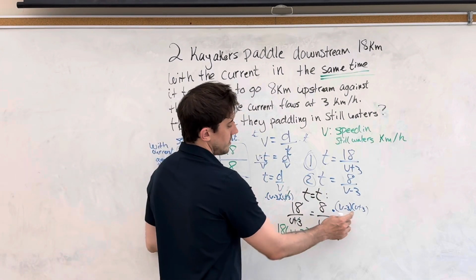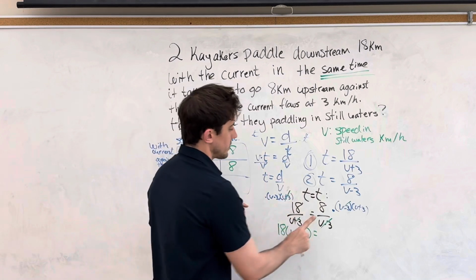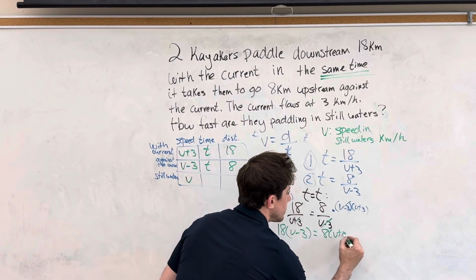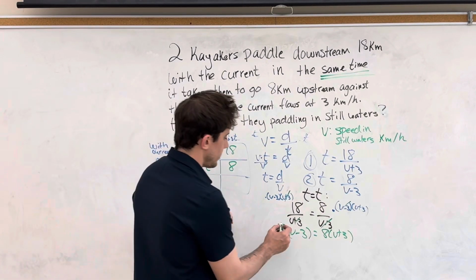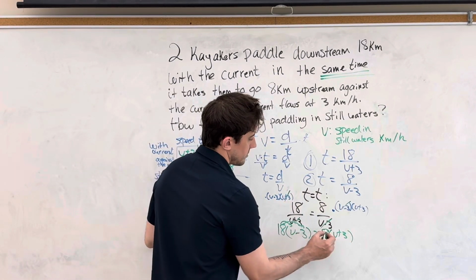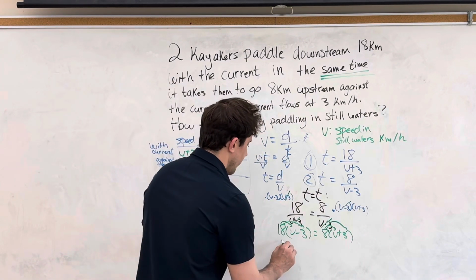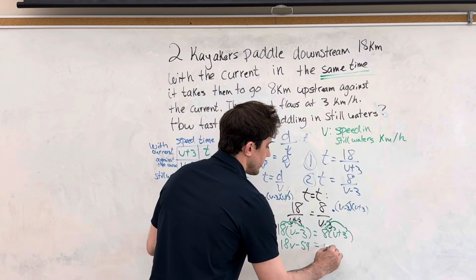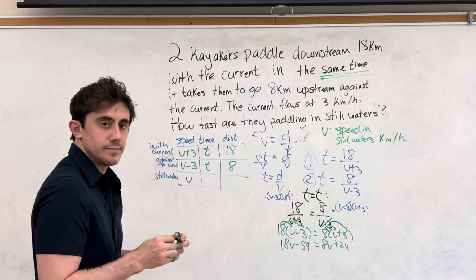On the right-hand side, the v minus 3 factor is going to cancel out, and so conversely, we'll have 8 times the factor of v plus 3. Now we have a really straightforward equation to solve. We're going to multiply through the brackets, as we always do, and so we'll have 18v minus 54 is equal to 8v plus 24.